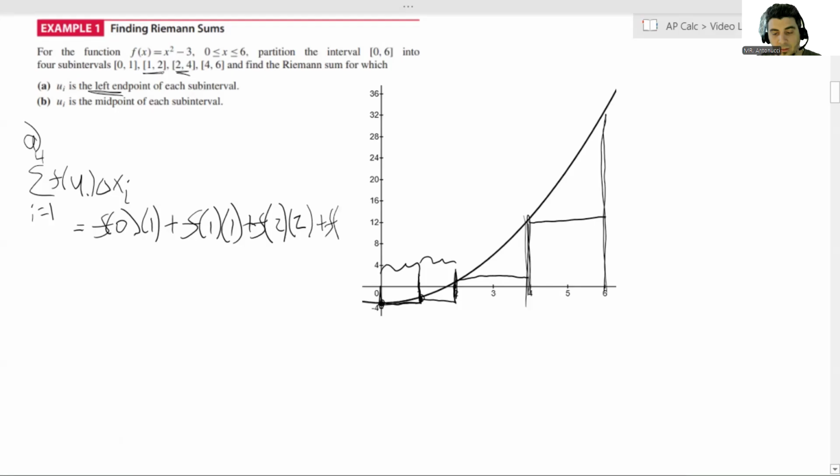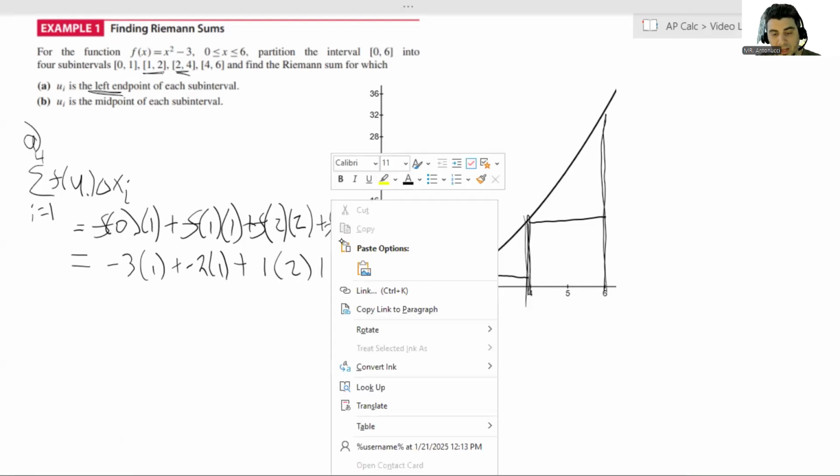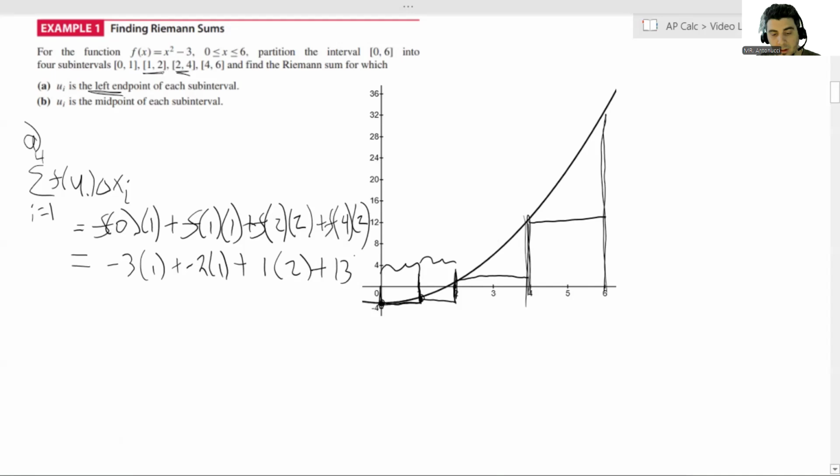And then f of 4 times 2, that would be the last rectangle. So this is going to give us negative 3 times 1 plus negative 2 times 1 plus 1 times 2 plus 13 times 2. And this is all going to simplify down to 23.